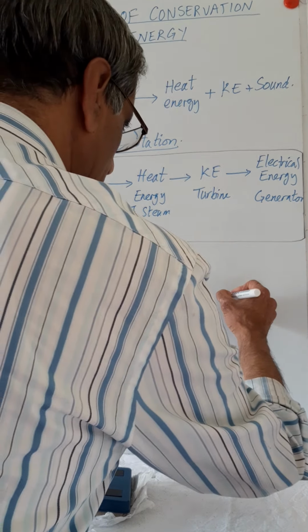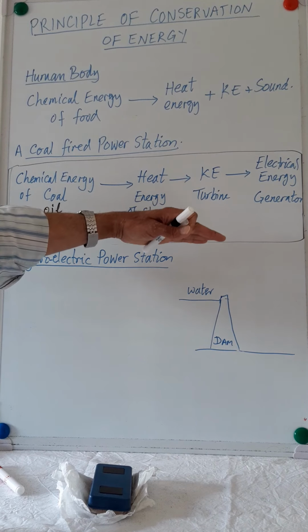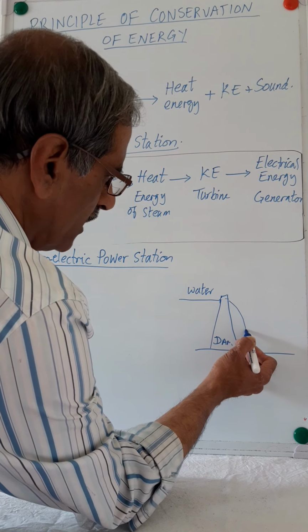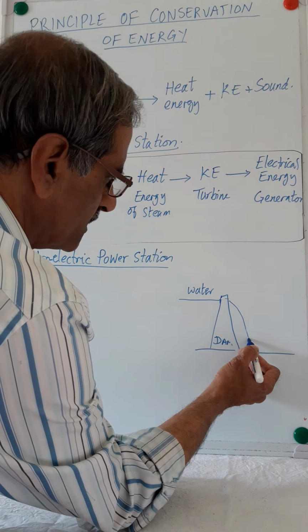So the water here is at a higher level. Then it's allowed to drop. As it drops down, it loses potential, and the water has got potential energy here. So this has got potential energy of water. It's converted into kinetic energy when the water is moving.